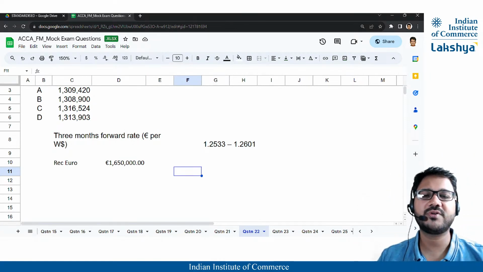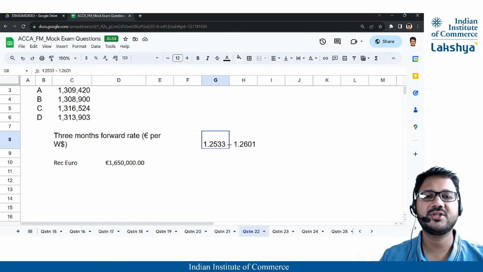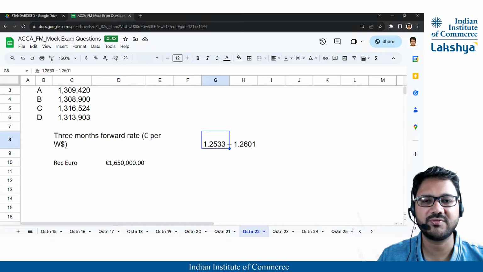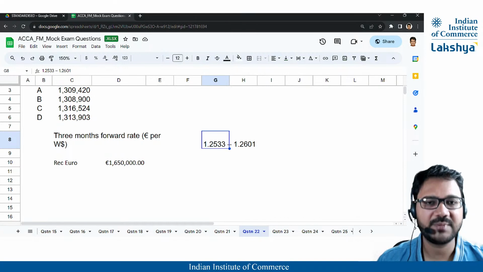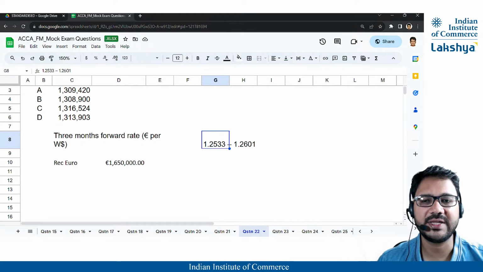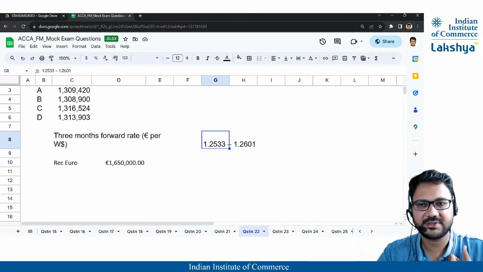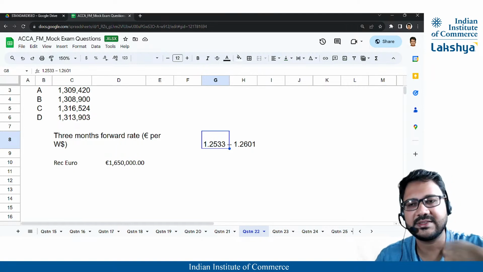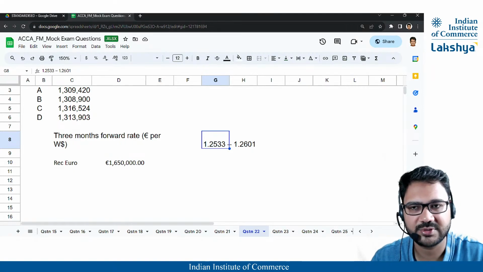Now we need to understand which rate should apply to us. €1 is equal to how many W dollars? It's either 1.2533 or 1.2601. Now think of it this way. If we go to the bank with the euros that we have, the bank is going to take more euros from us and give us as little W dollars as possible.